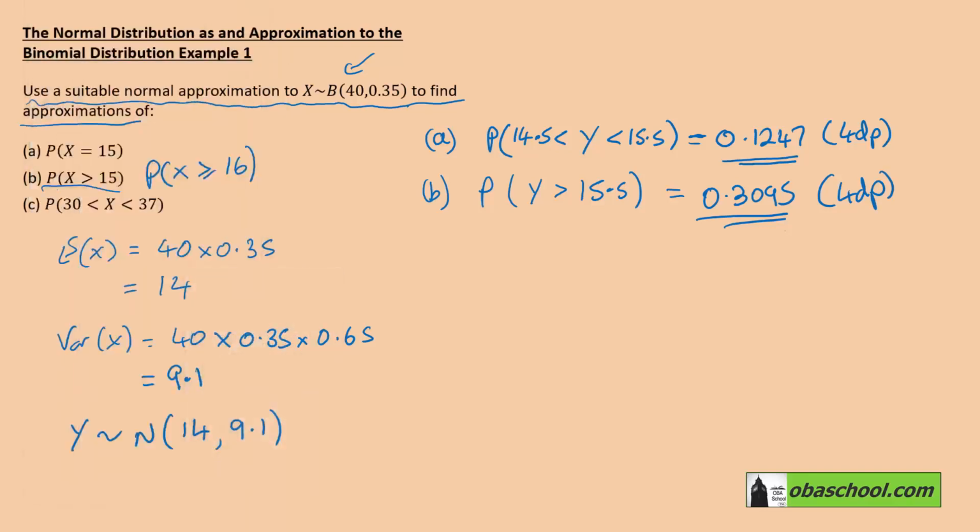And then finally, x is from 30 to 37. Now remember that means exclusive, that's 31 to 36 inclusive. So when we use our continuity correction, we're going to need y to be from 30.5 to 36.5.